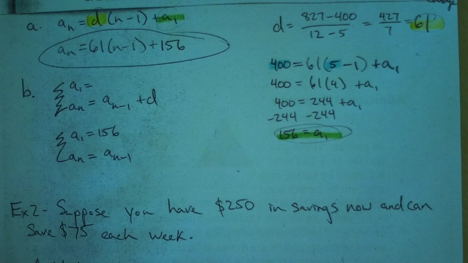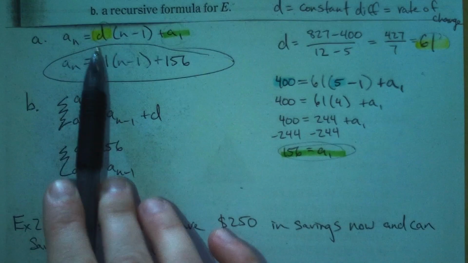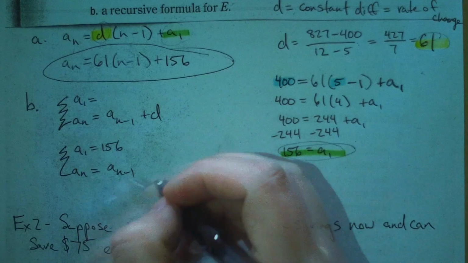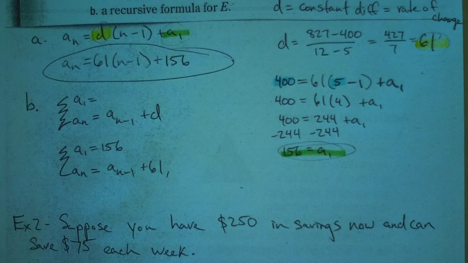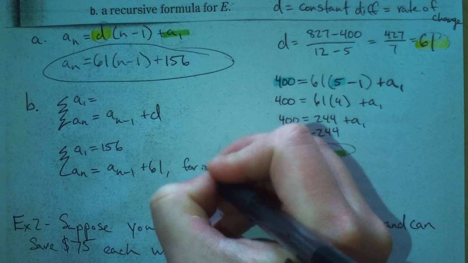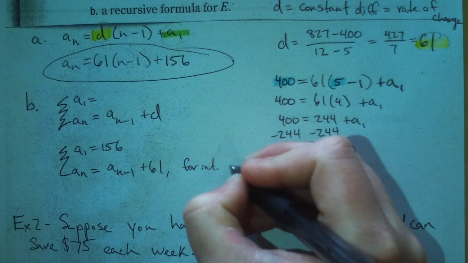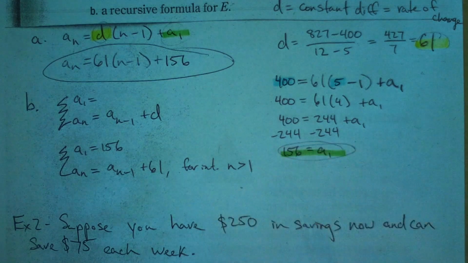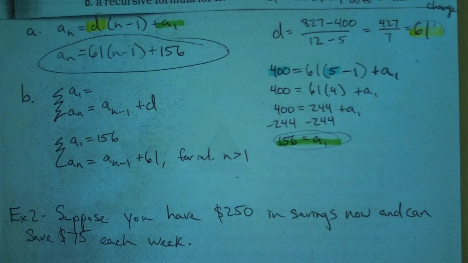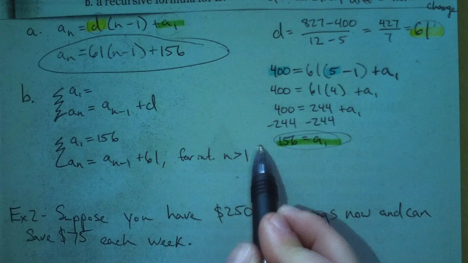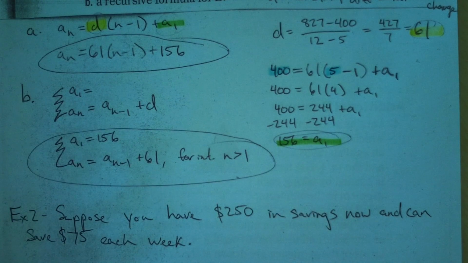And then again, you're just plugging into that formula. So for explicit, it'd be a sub n is equal to our constant difference value, 75, times parentheses n minus 1, plus our starting amount for the first term, 250. And then you could be done at that step. Like I said, you could also simplify this out. If it said, hey, simplify it, it looks a little different.